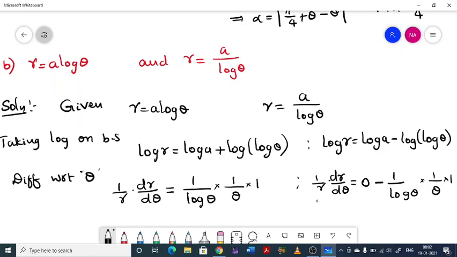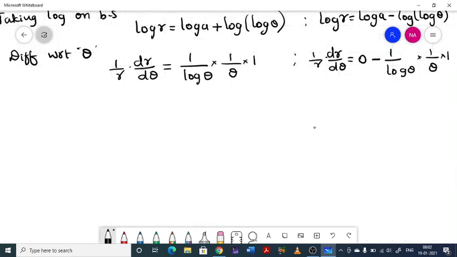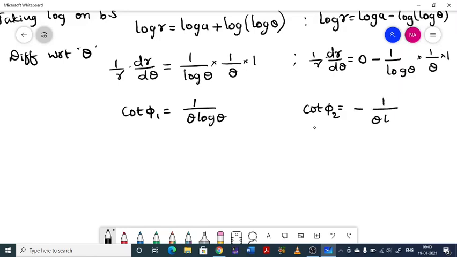So from this we will be having cot phi 1 equal to theta log theta, and similarly here cot phi 2 equal to minus 1 by theta log theta.